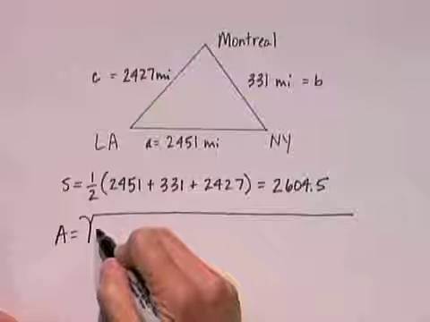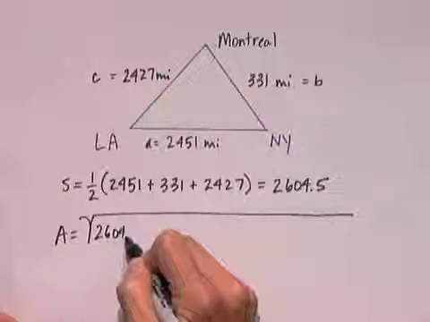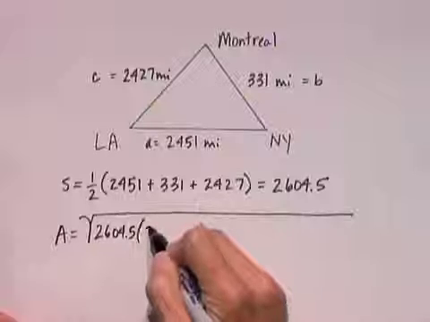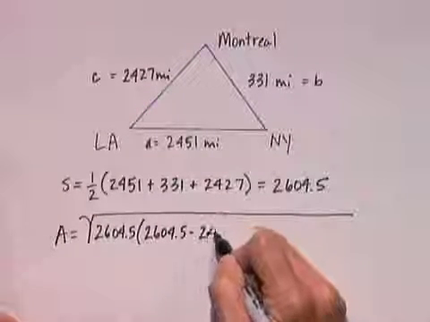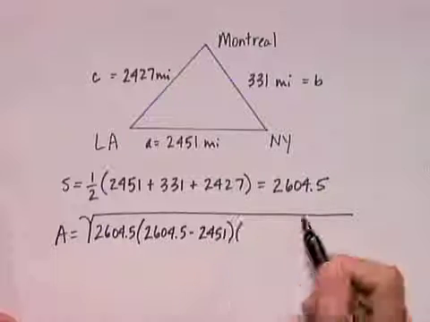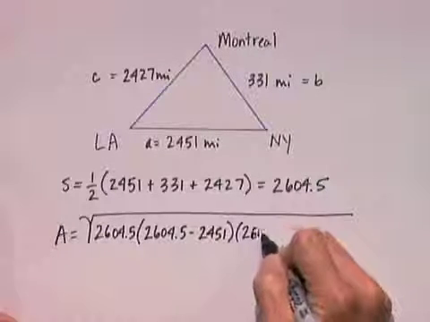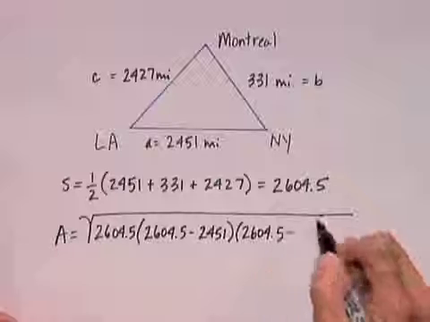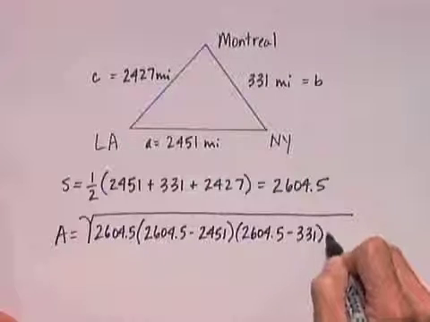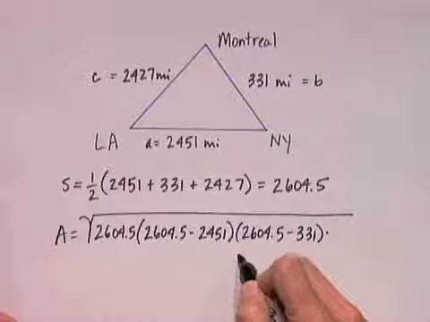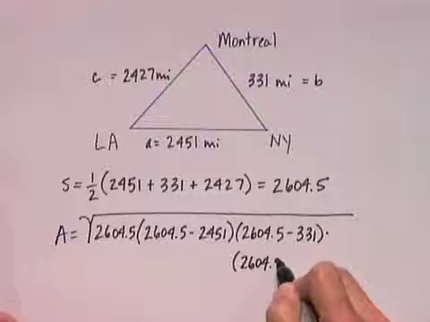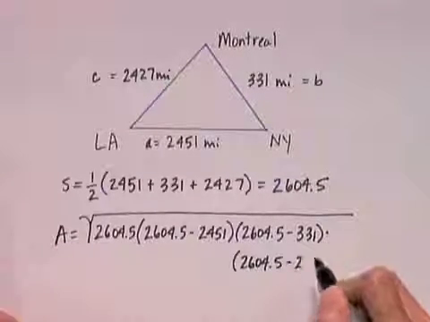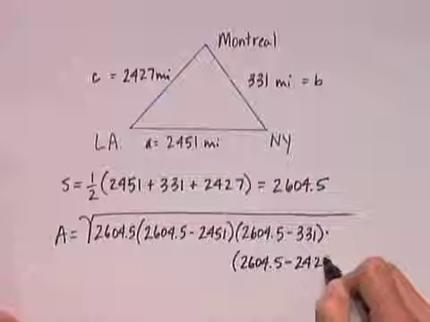So now, to get the area, I find the square root of S, 2,604.5, times S minus A, times S minus B, and I have to have that in the radical, times S minus C. That's S minus 2,427.